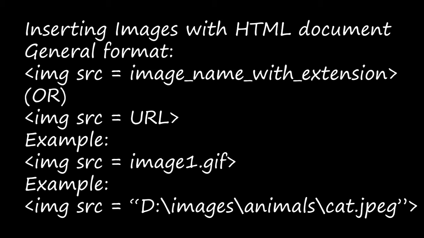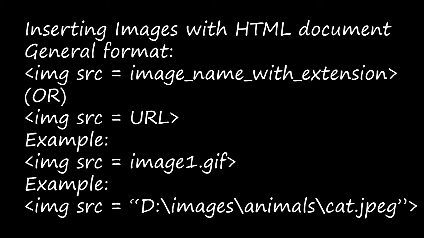If you create a folder, and inside the same folder you put the HTML document file and also the image file, there will be no issues. You can just give the image name with the extension, that means image.gif, image.jpg, image.png. That extension you have to give along with the image name.